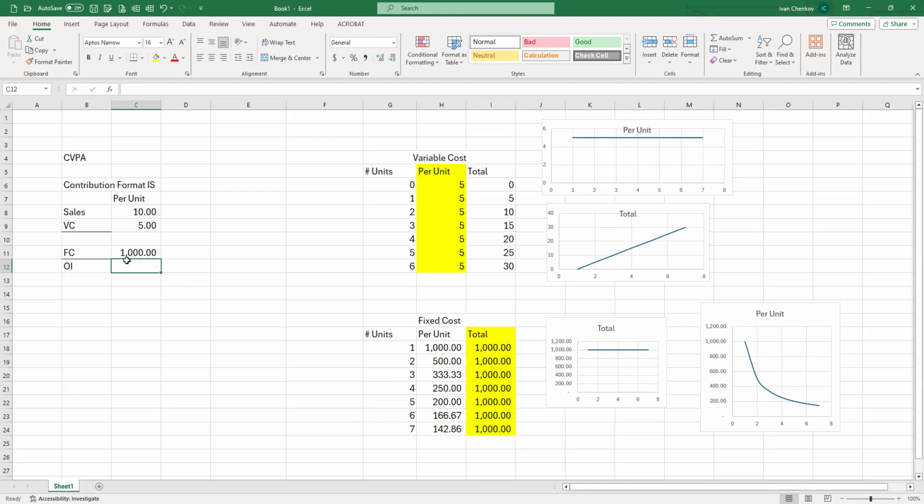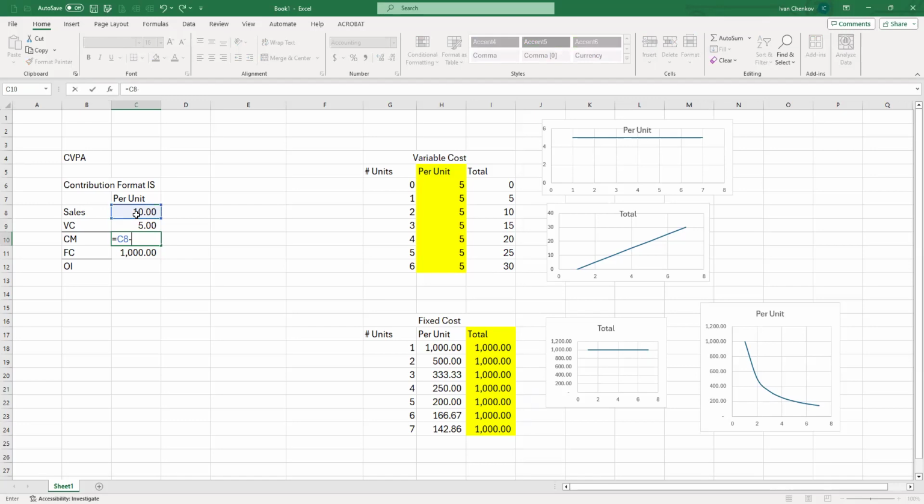So once we know that cost structure, once we know that for 1 unit my sales is $10 and my variable cost is $5, I can see how much I can generate from selling 1 unit. And that will be my contribution margin. So the contribution margin is how much 1 unit contributes to your company. And that will be $5 here.